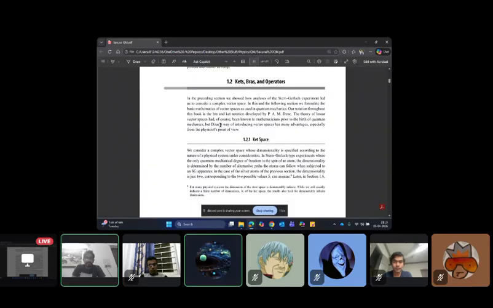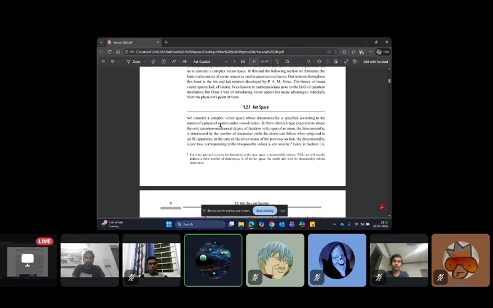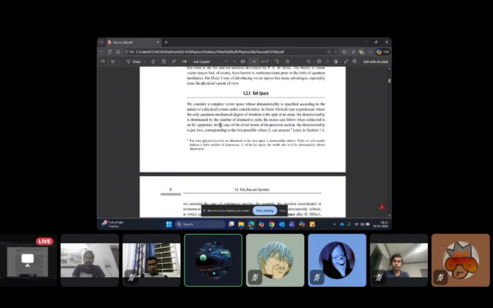So we consider a complex vector space whose dimensionality is specified according to the nature of a physical system under consideration. In Stern-Gerlach type experiments, where the only quantum mechanical degree of freedom is the spin of an atom, the dimensionality is determined by the number of alternative paths the atoms can follow when subjected to an SG apparatus. That's the Stern-Gerlach apparatus.